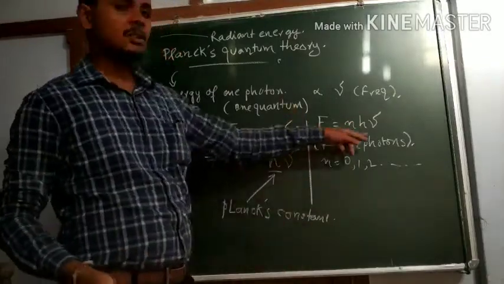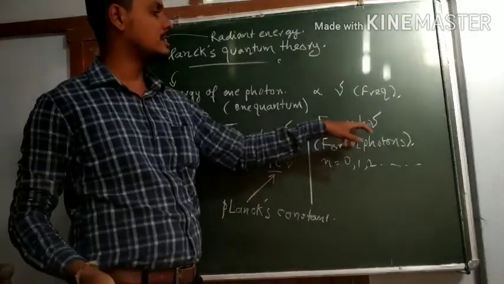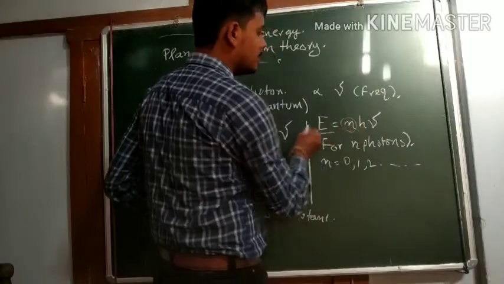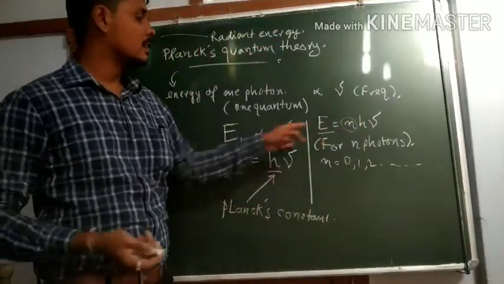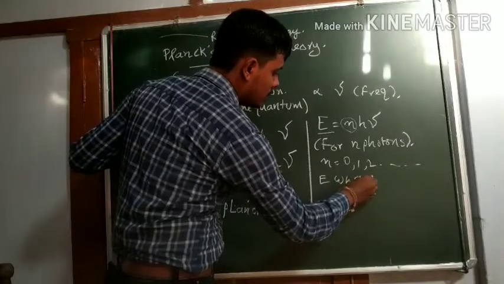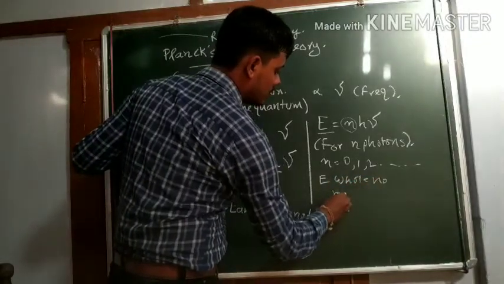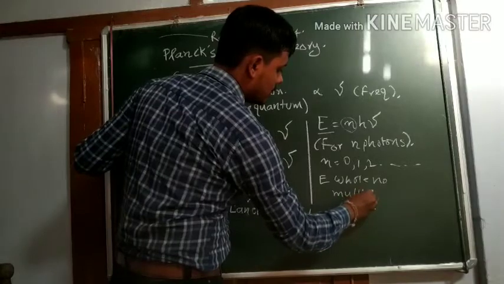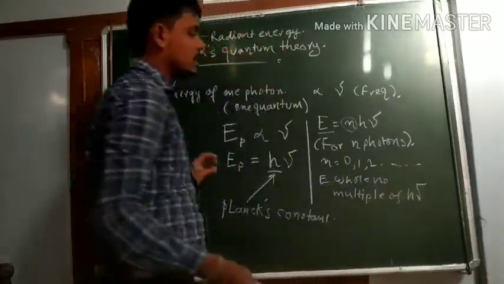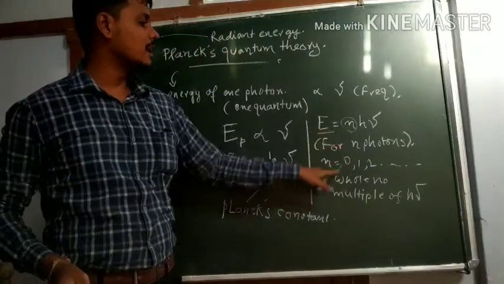So such a relation is called E equals nh nu, where E is a whole number multiple of h nu. So E is a whole number multiple of h nu.